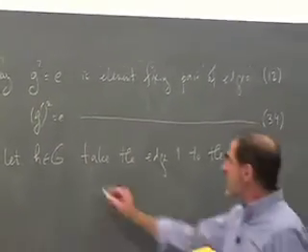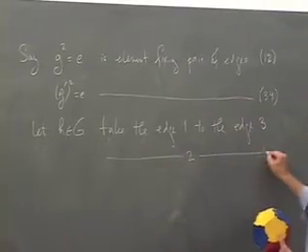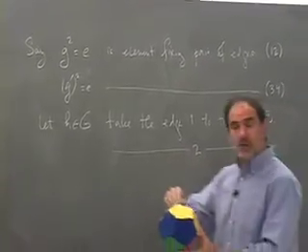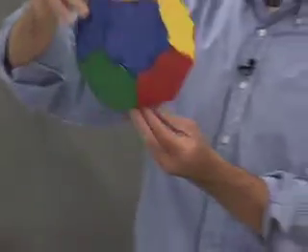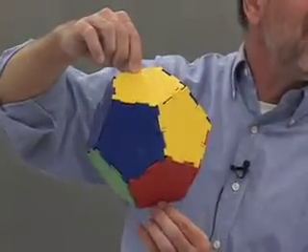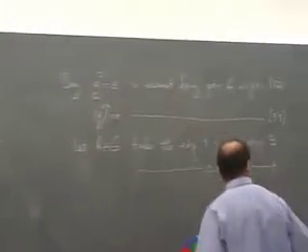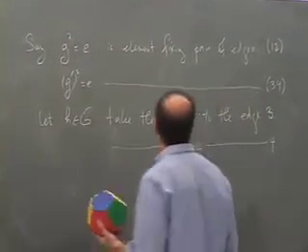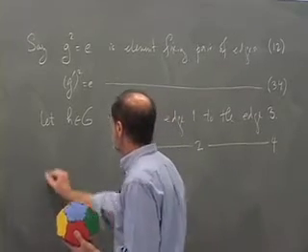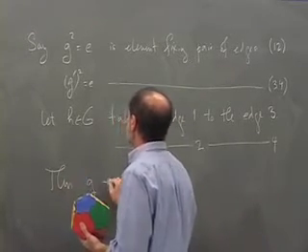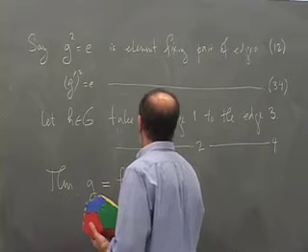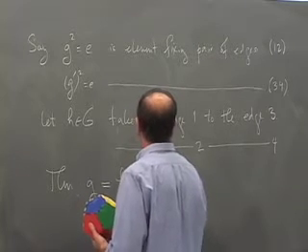So find an h that takes the edge 1 to the edge 3. Then it takes the edge 2 to the edge 4 because it preserves the dodecahedron. So once I know where an edge goes, I know where its opposite edge goes. Opposite is preserved. Okay. And then I claim, let's hope I get this right, that g is equal to h g prime h inverse.